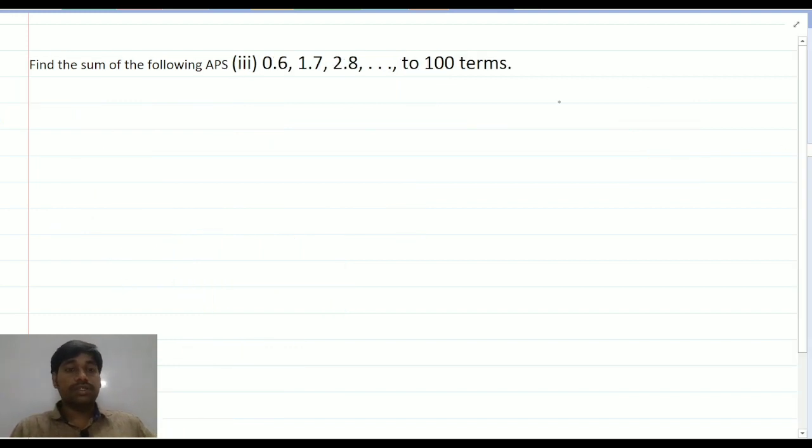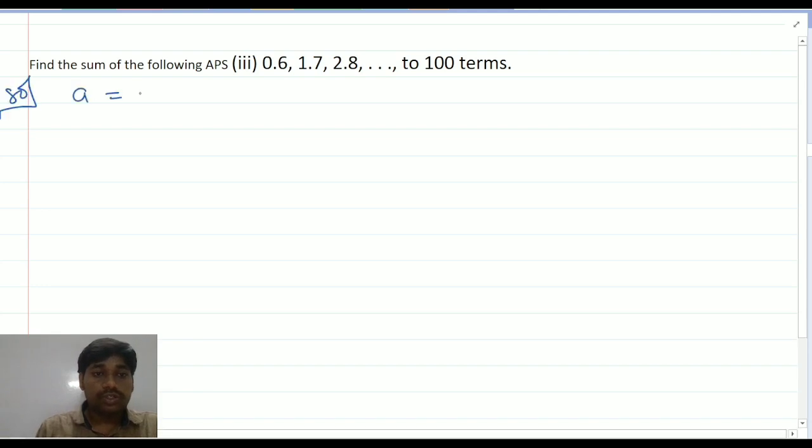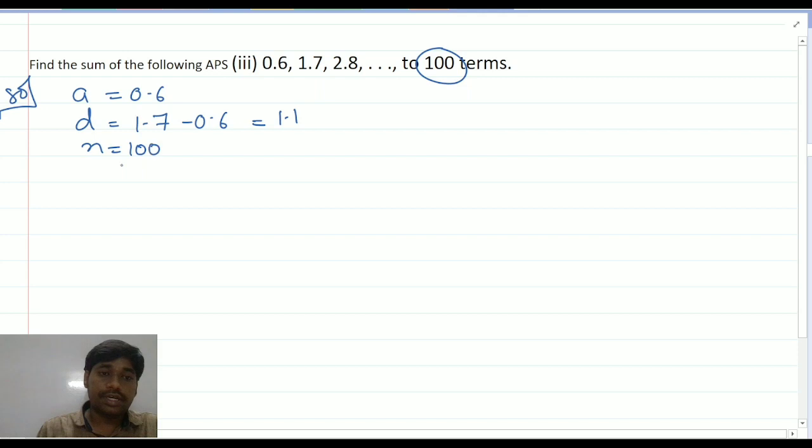Next, here the first term a is 0.6 and d is 1.7 minus 0.6, which is equal to 1.1. How many terms sum we have to calculate? n equals 100 terms.